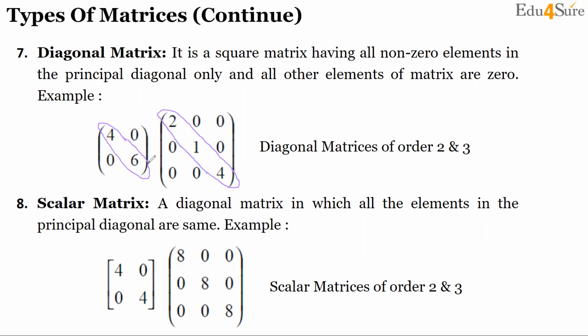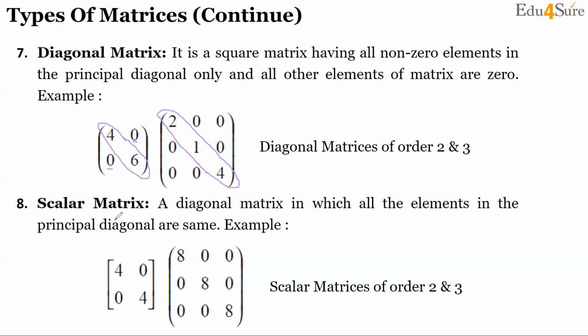The diagonal element for 2 cross 2 is this one, which is non-zero, and the diagonal element for the 3 cross 3 matrix, where you have 3 rows and 3 columns, will be this one. A diagonal matrix means the diagonal elements are non-zero, whereas other elements are zero. Here I have made a round around the diagonal elements, which are non-zero, and the other elements are zero. Similarly here also the diagonal elements are non-zero and the other elements are 0.